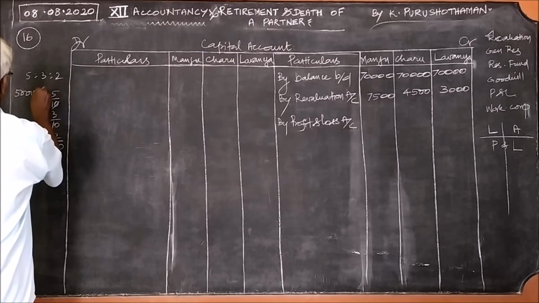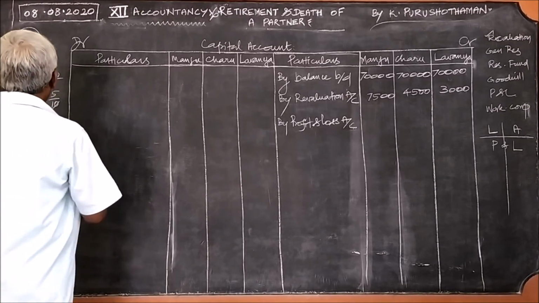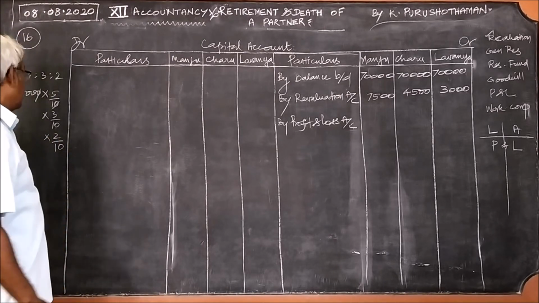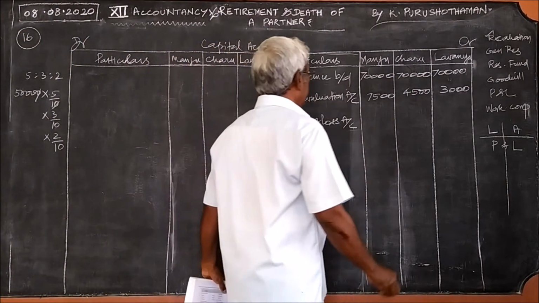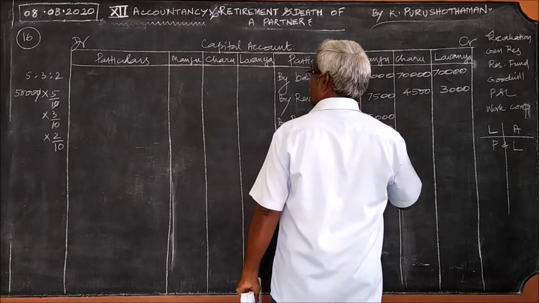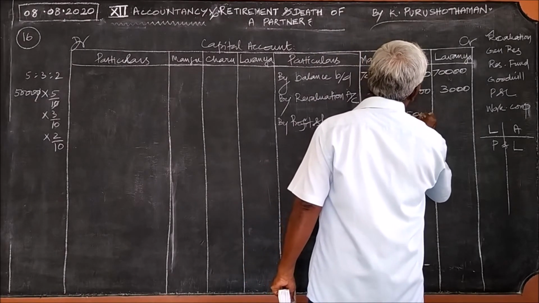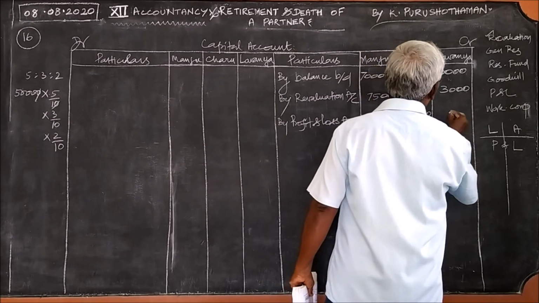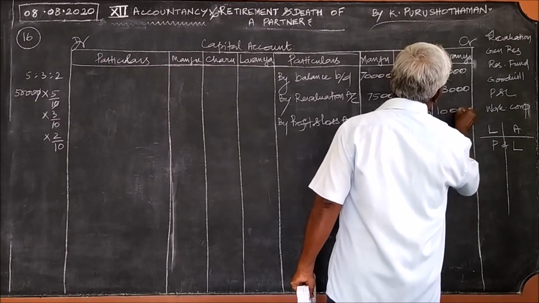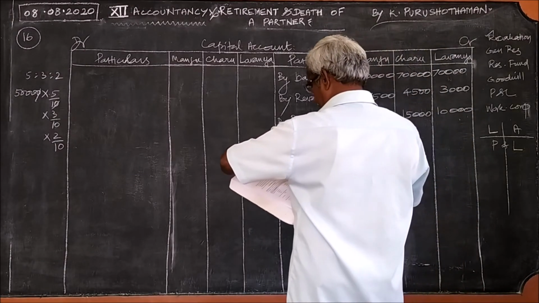So 5 into 5,000, 25,000, 3 into 5,000, 15,000, 2 into 5,000, 10,000. So it comes to 50,000.